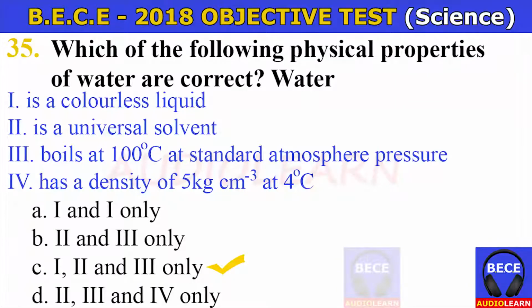C, I and III only. D, II and IV only. And the answer is C, I and III only. Which is a colorless liquid, is a universal solvent, and boils at 100 degrees Celsius at standard atmospheric pressure. These are the physical properties of water.